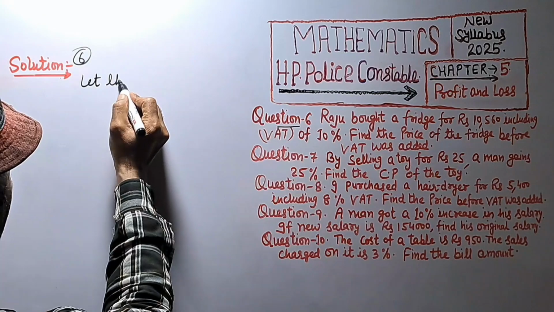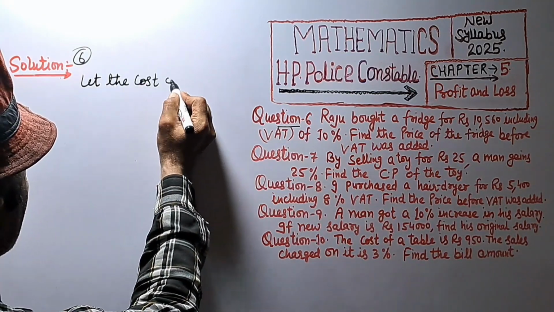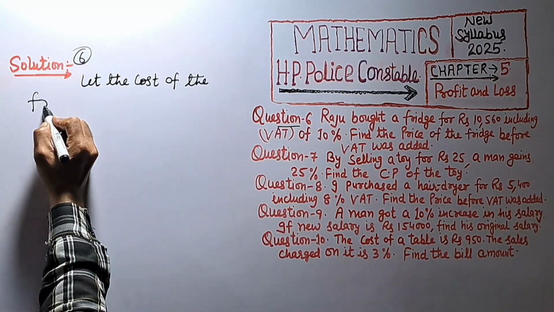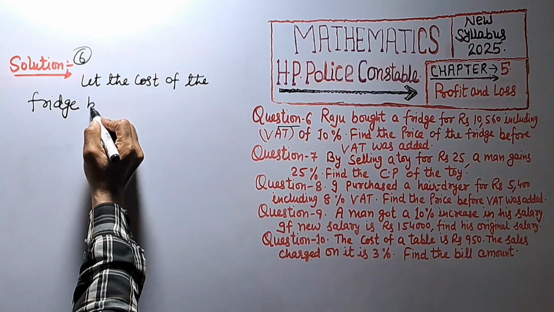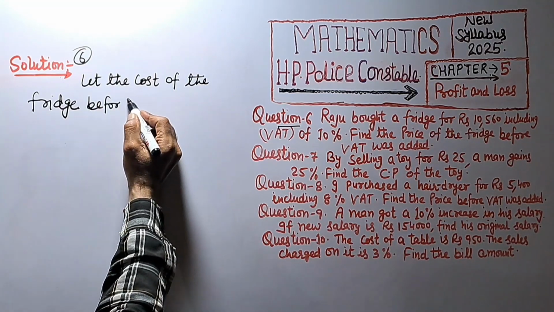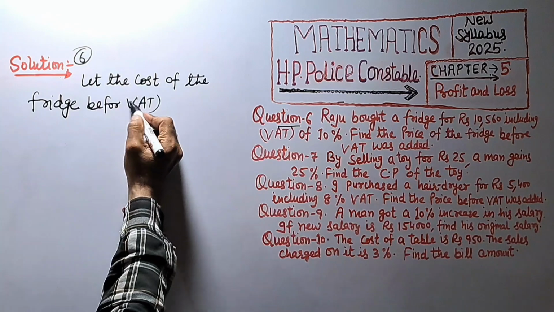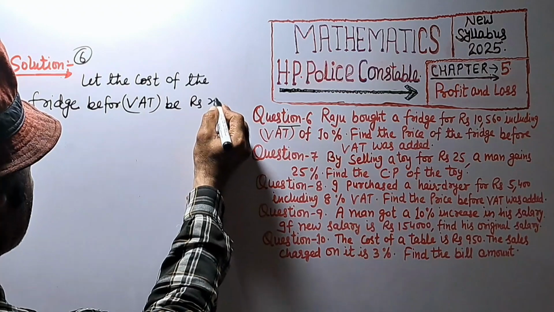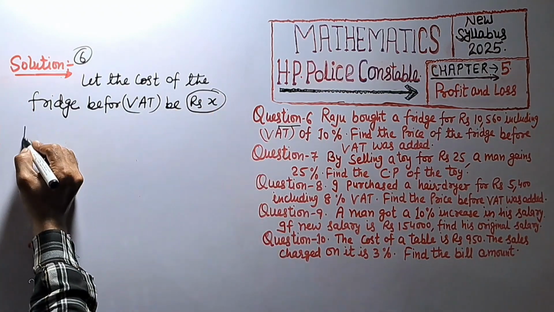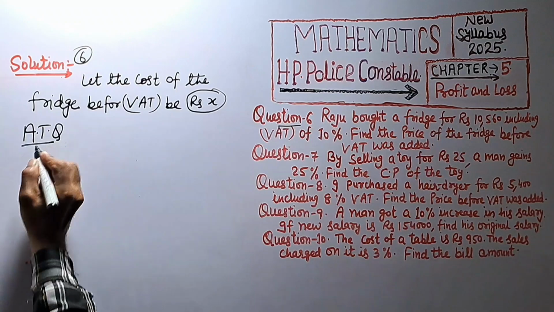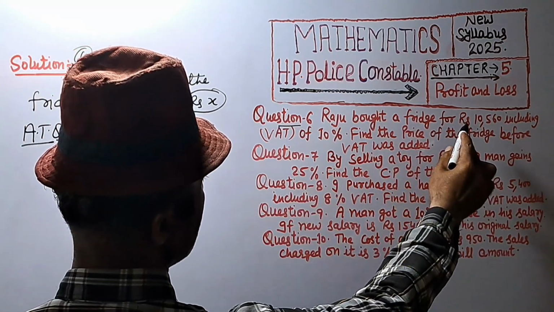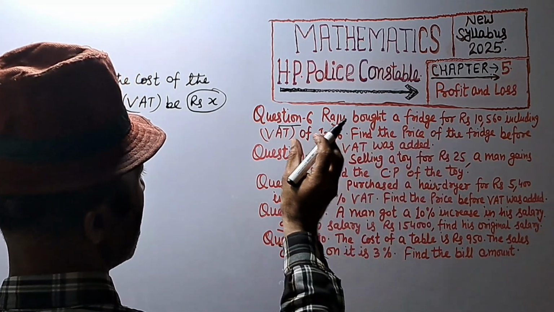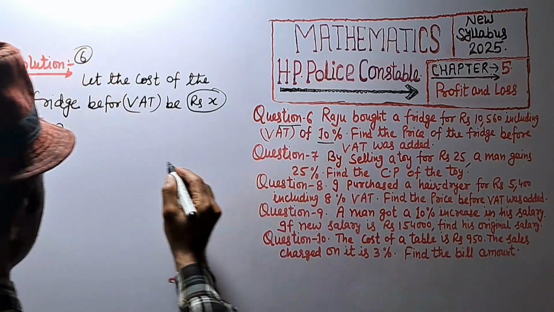Let the cost of the fridge before value added tax be rupees X, and according to the question, 10,560 rupees including value added tax of 10%.